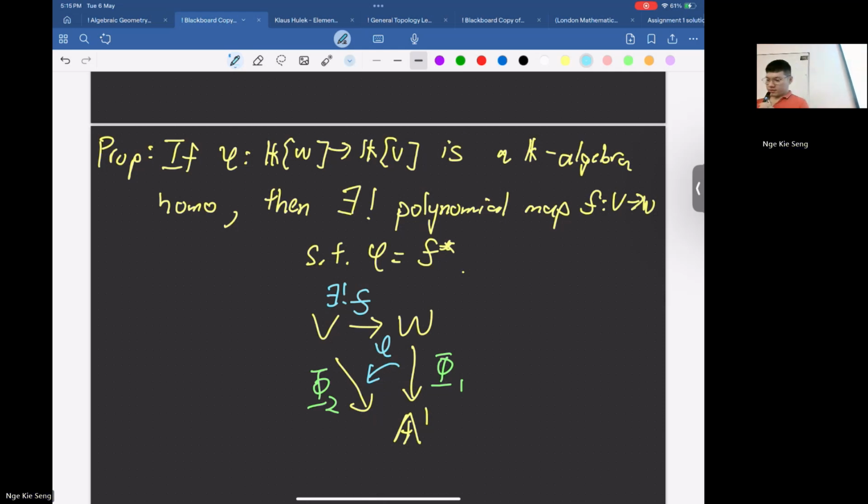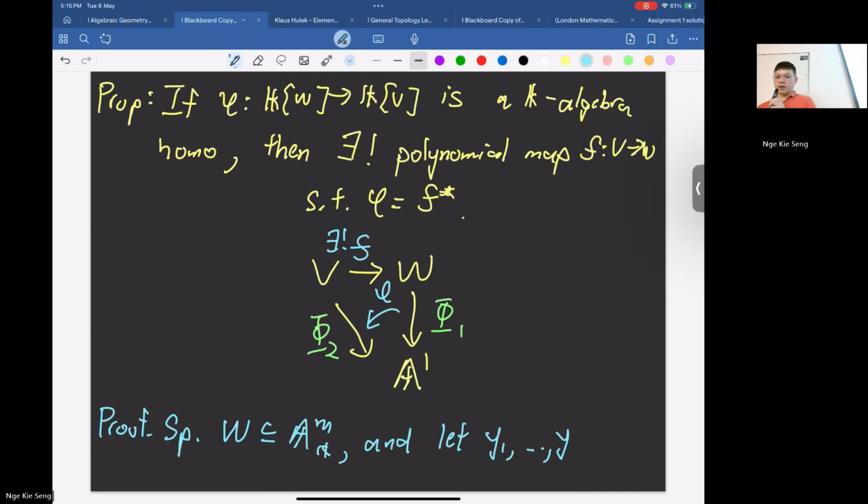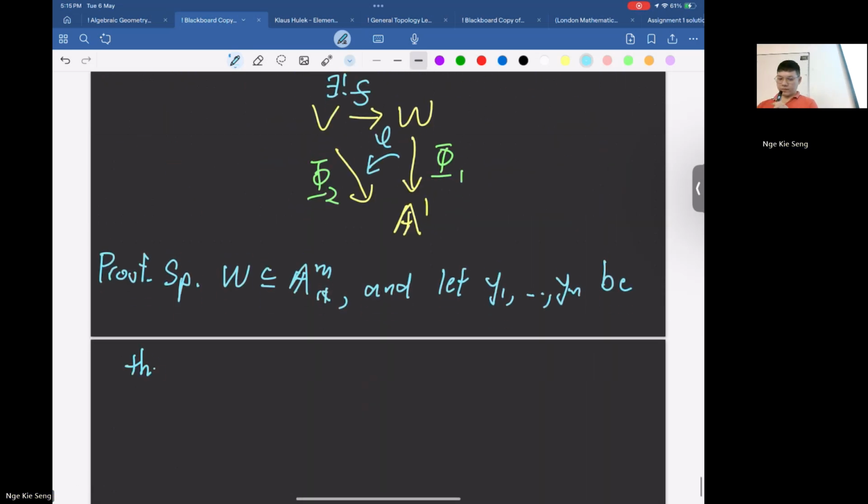Well, let's do it. So, prove that. Suppose W lives in some affine space, and let Y1 up to Ym be the coordinate functions.